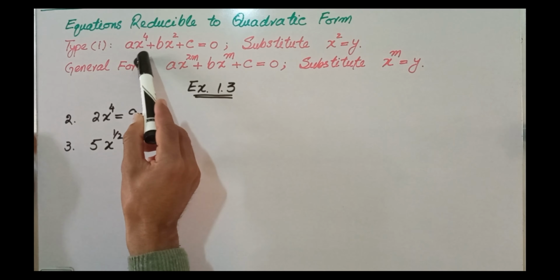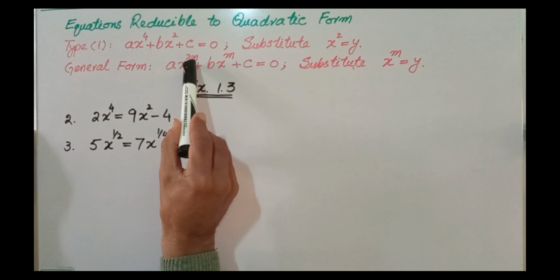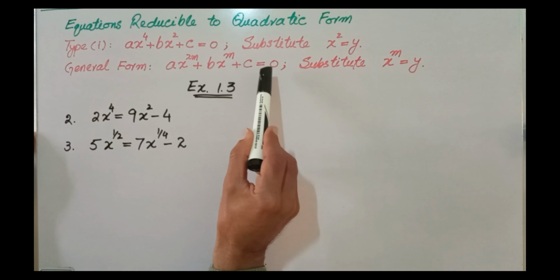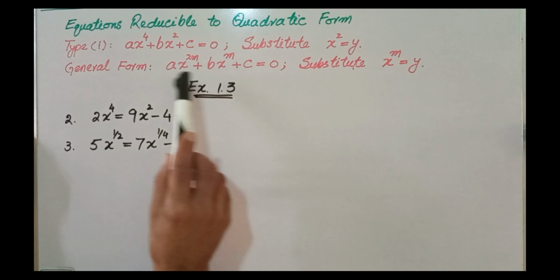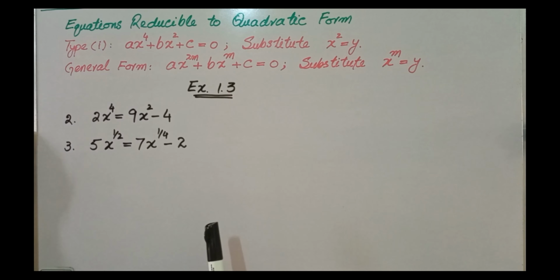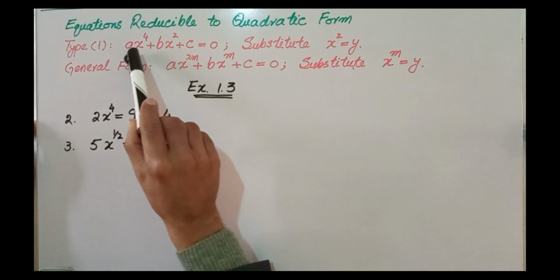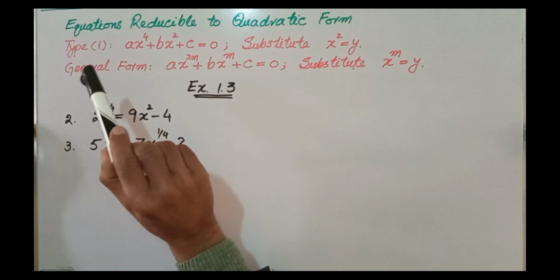The general form of this type is given as ax power 2m plus bx power m plus c is equal to 0. Again, a, b, c are real numbers with a not equal to 0. In this case, you can see the relationship between the powers of x: this is 4, this is 2.